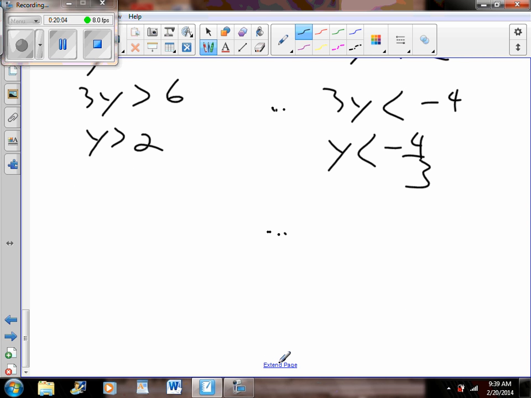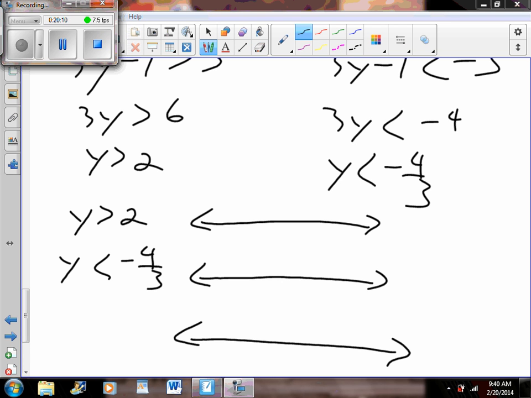Okay, let's go ahead and graph all three parts of this. Let's graph the solution set here. For the part y greater than 2, we're going to establish our origin on all three number lines. Go out to the number 2 to the right of the origin, open circle. We want the values greater than 2, so heavily shade to the right. Go to negative 4/3.